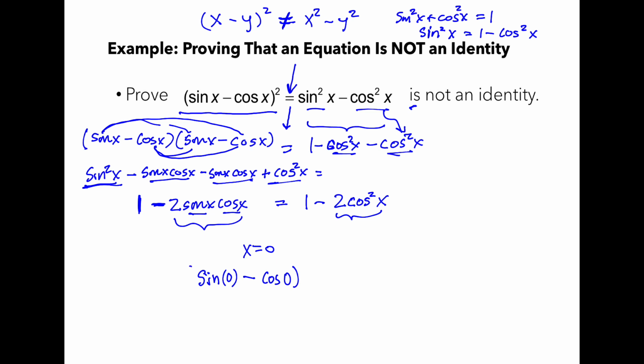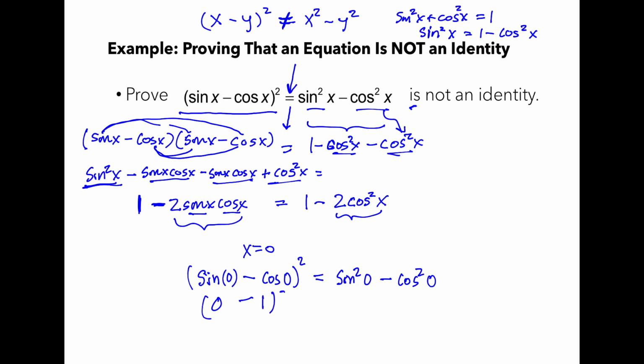So that would give me sine of 0 minus cosine of 0 squared. And on the right-hand side, I would have sine squared of 0 minus cosine squared of 0. We'll see. Sine of 0 is the y at 0 degrees, which is 0, and cosine of 0 is 1.